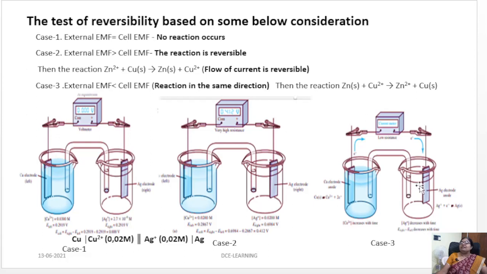It means that current will flow in the same direction, from left to right, equal to the flow of current from the external source.